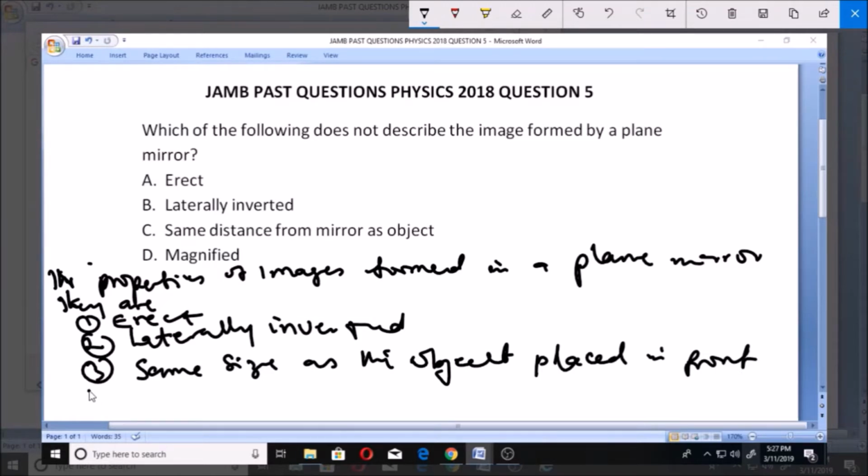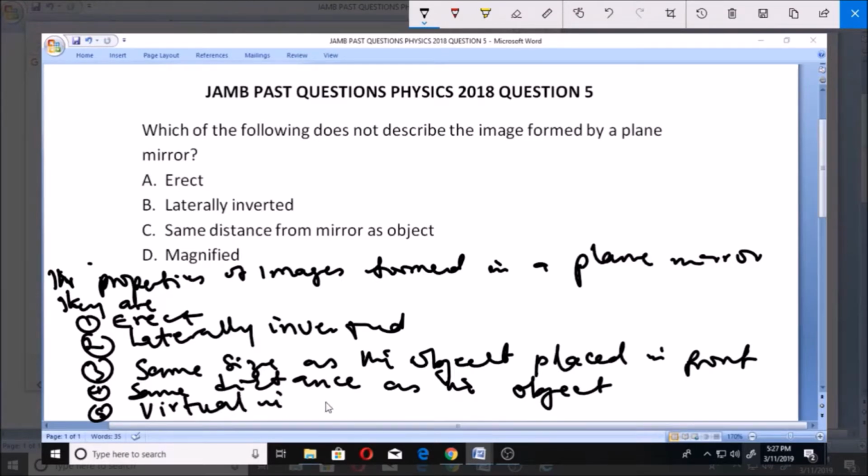Then 4, they are also same distance as the object in front. And number 5, they are virtual, that is, they cannot be formed on a photographic screen.